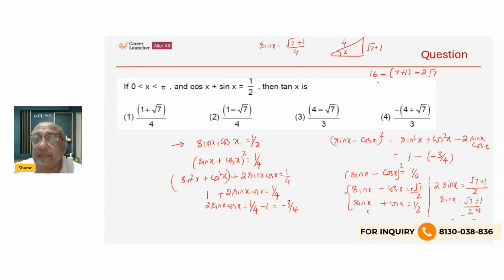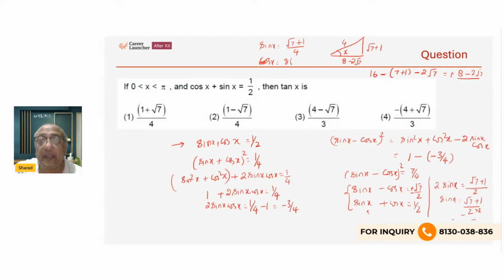What is that equal to, kids? This is equal to 8 minus 2 root 7, under root. That's it. So I'll write this value here, 8 minus 2 root 7. So I have found out now the value of cos x as well as tan x. Understood? What will be the value of cos x?